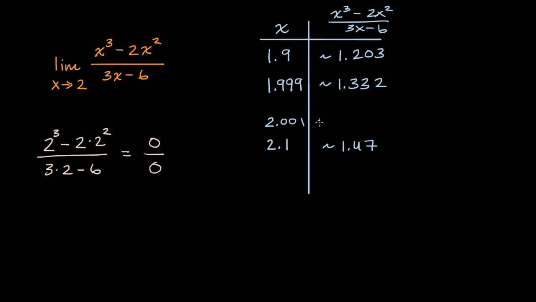So I'll say approximately 1.333. And this is actually for 2.0001. So it does indeed look like we are approaching 1.333333, or close to, it looks like we are approaching 1 1/3.